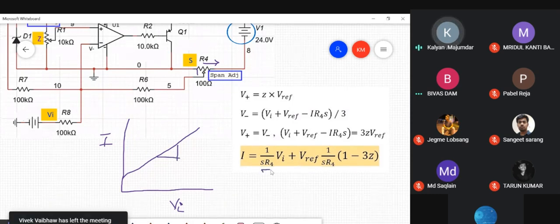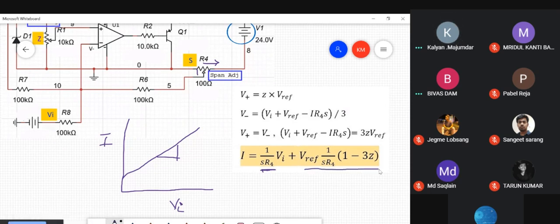It is given by this particular term. And what is the intercept? But see, the slope depends upon R4. For a given potentiometer, R4 is a constant resistance, so R4 is a constant.